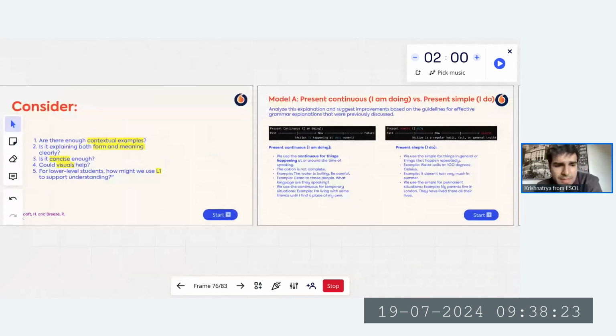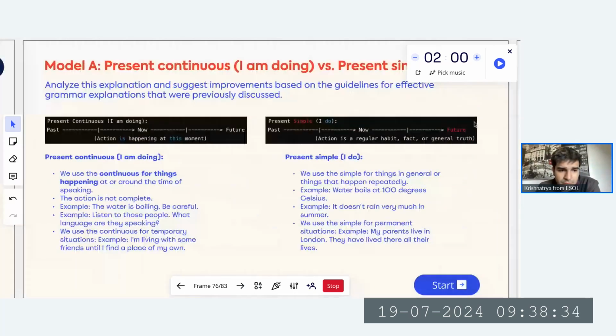You have to tell me, how was I? Did I give you contextual examples? Yes or no? Did I tell you the form and the meaning? Question number 2.